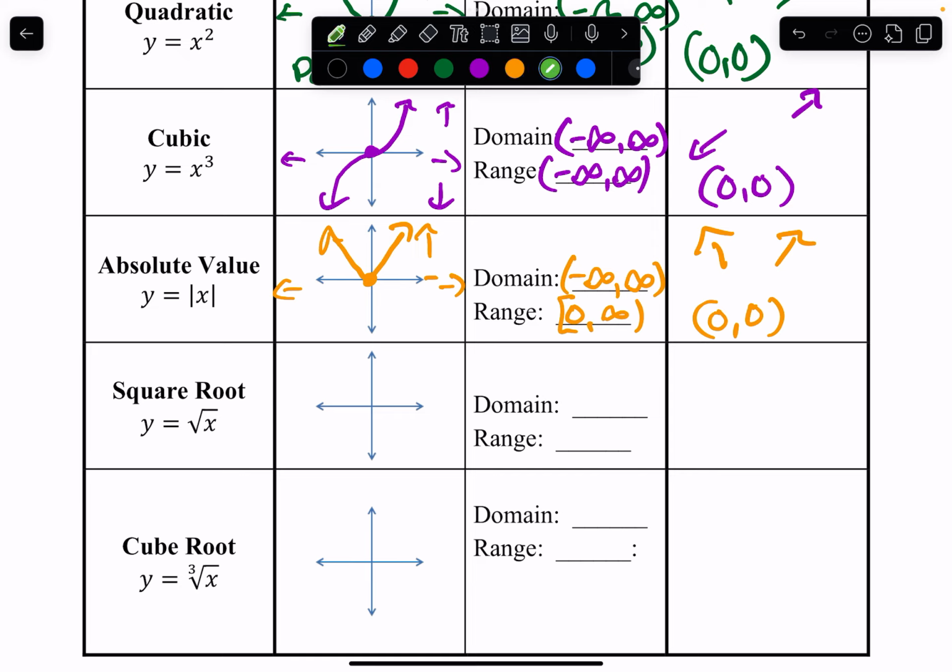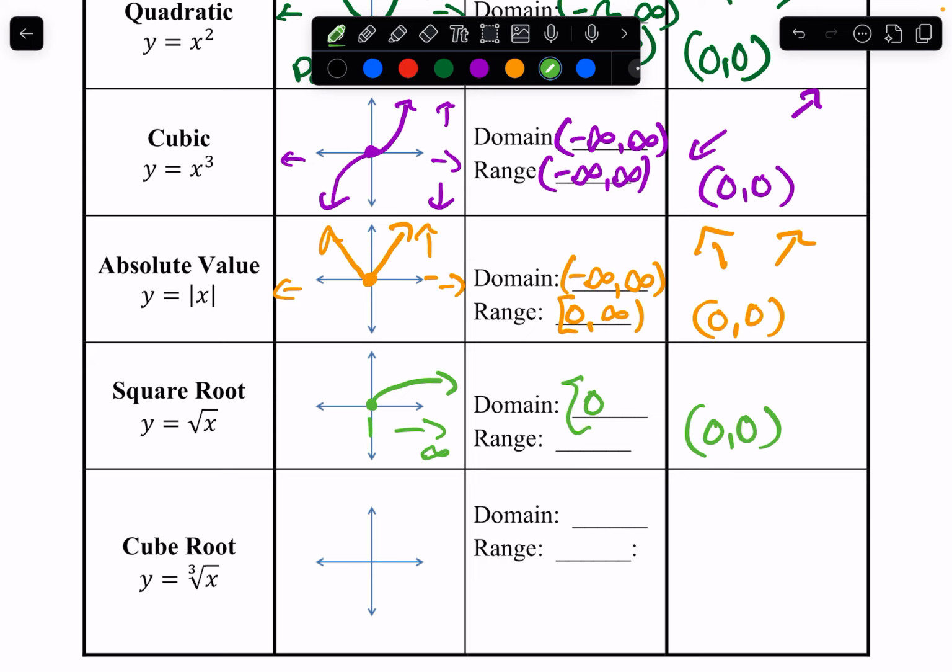Okay, next one is our square root. And our square root looks something like this. Again, it starts from 0, 0, so that's our 0. If we look at this, the domain starts from the y-axis and goes to infinity.